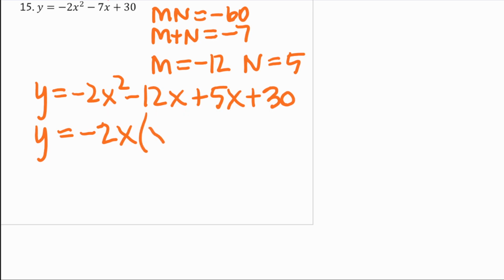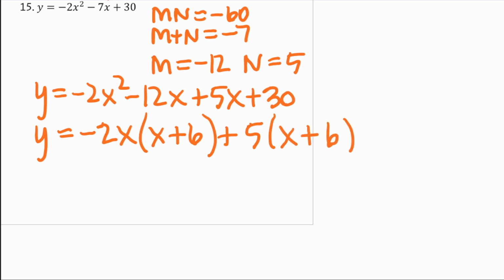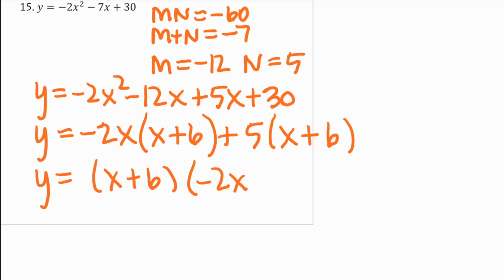We'll be left with an x and a positive 6, right? Because negative 2x times 6 is negative 12x. And then 5x plus 30, okay, 30 is divisible by 5, so I can factor out a 5. We'll be left with x plus 6. And then I will factor out that x plus 6. I'll be left with negative 2x plus 5.